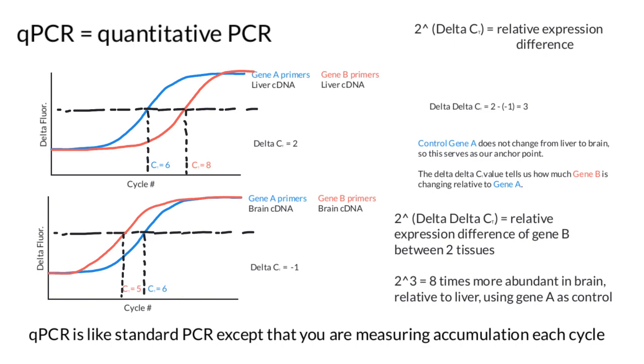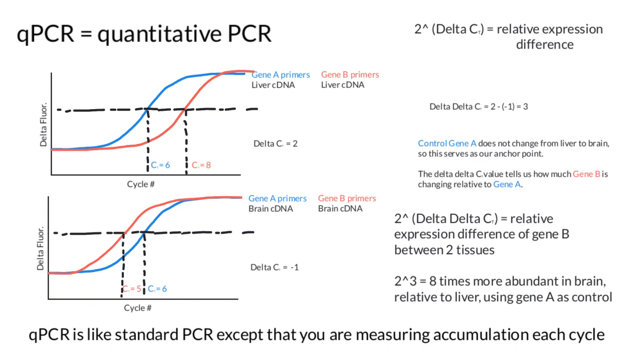And that means that gene B over here is 8 times more abundant in the brain tissue relative to our liver tissue up here, at least assuming that gene A is a relatively good control, that we know that that's not changing. And so in this way, we can use the 2 to the delta-delta CT method to look at relative gene expression between 2 different tissues using PCR, and we're using these graphs as an output to do it.